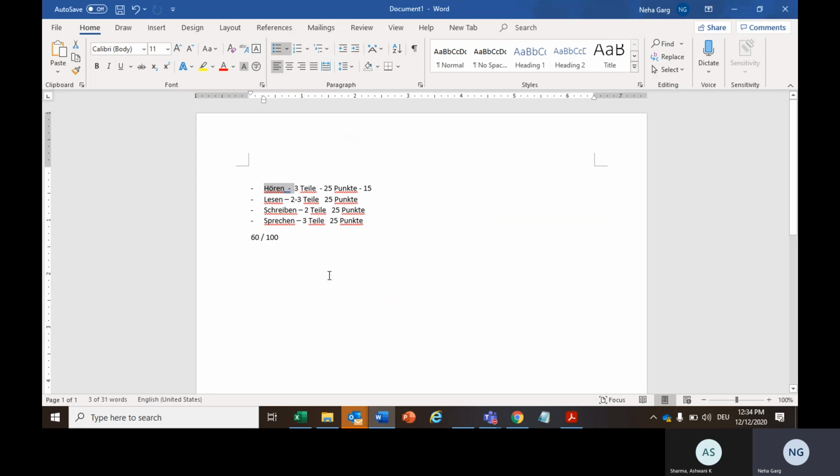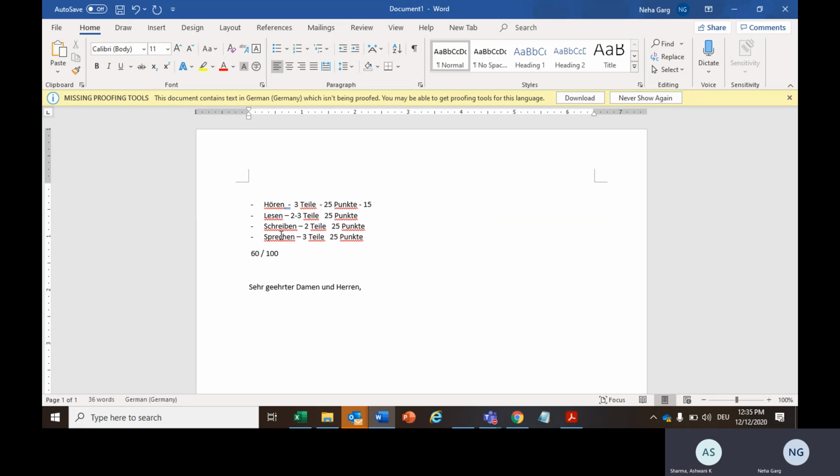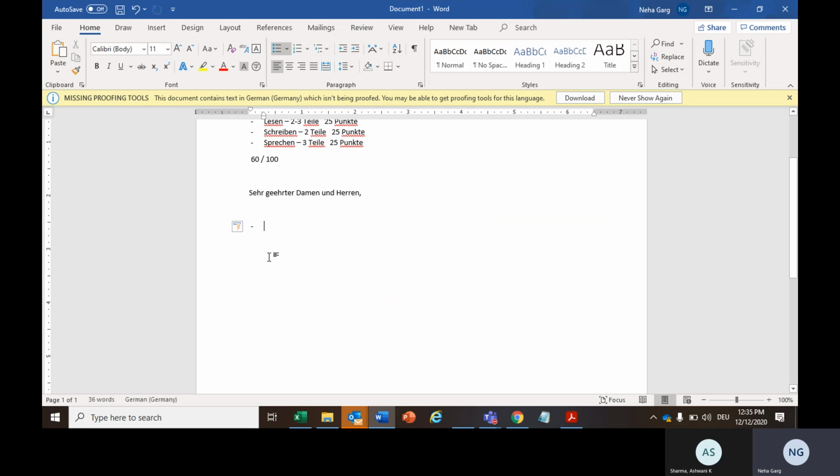Let's say here you have written Sehr geehrte Damen und Herren. So when you write the email body, write the first point in the first statement, then in the second line the second point, and in the next line the third point. Write it in 3 small paragraphs.